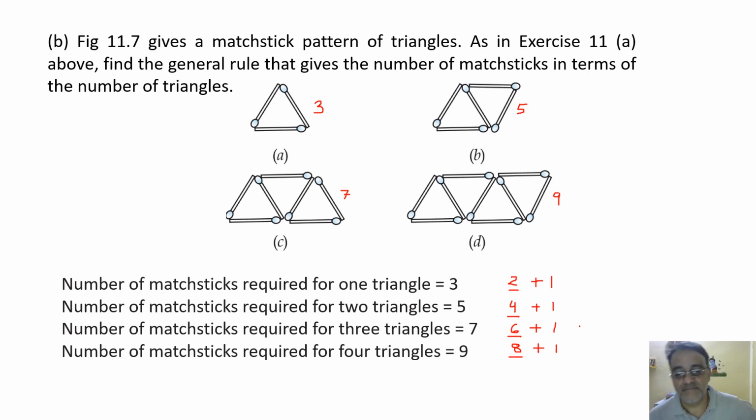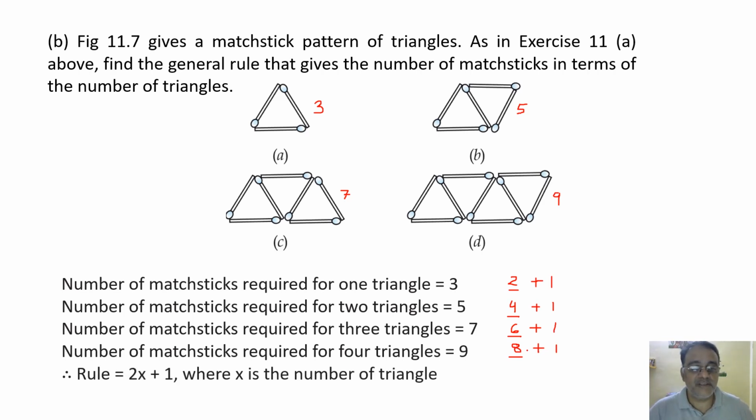Sir, they are the multiples of 2. Very good. So this is 2 into 1, 2 into 2, 2 into 3, 2 into 4. And 1, 2, 3 is the number of triangles. So we can make a rule 2x, now plus 1 is common. 2x plus 1, where x is the number of triangles. Okay? Any doubt?